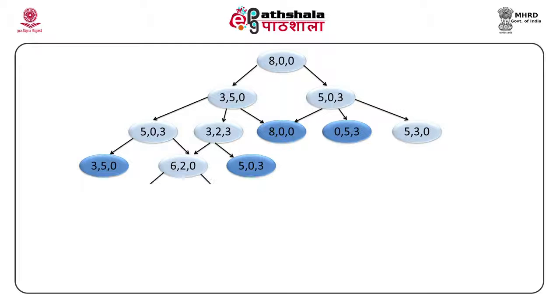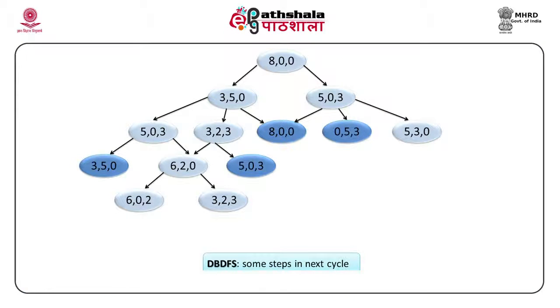Then in the next cycle, depth bound depth first search actually explores everything like the previous case and then it starts looking for the solution like this. You can see that. Now, I do not need to explain every step. Now, you may be surprised why the first cycle is repeated again. You may not repeat, but if you are not repeating, you are supposed to remember the entire tree, and if there is a problem with memory, you cannot do that. So, you have to repeat that again.